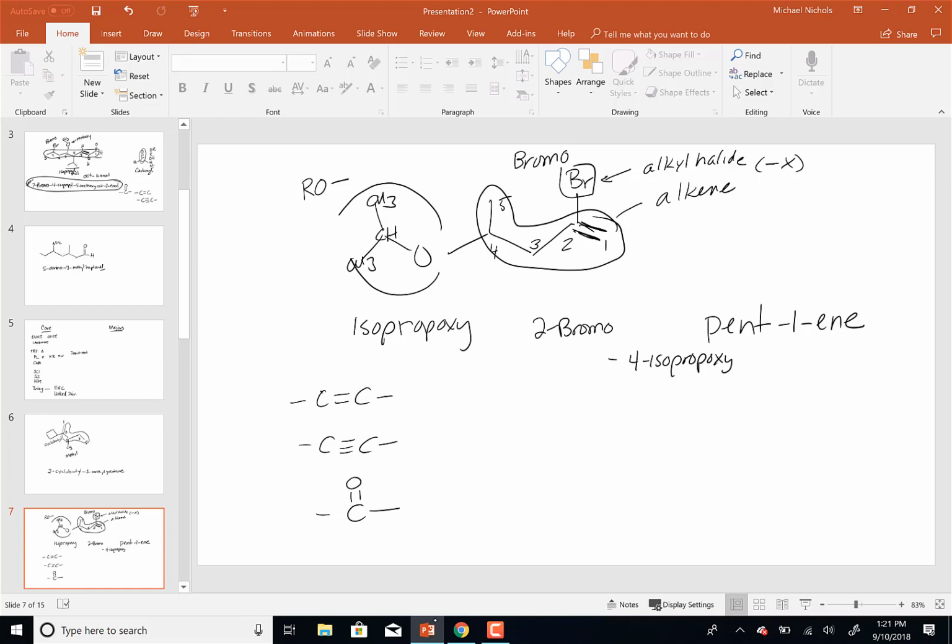What else? I'm excited to use this to tell which functional group matches on this chart.